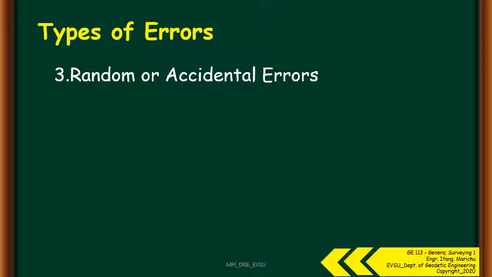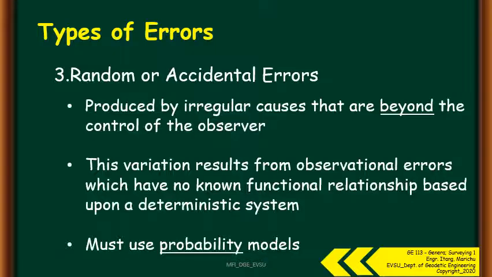However, random errors resulting from unskilled or careless work do cause a problem. For example, yung GE natin or your surveyor natin is hindi masyadong skilled, it can cause some random errors. So, it is produced by irregular causes that are beyond the control of the observer. So, this variation results from the observational errors which have no functional relationship. So, pwede lang siya gamitin ng mga probability models para ma-cancel out natin yung random errors.